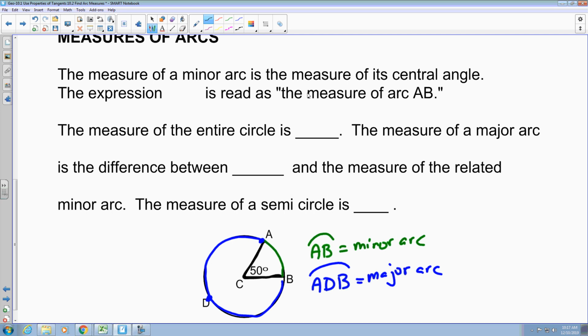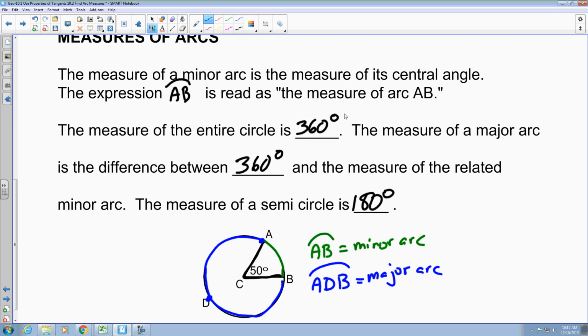The expression should be the measure of arc AB. It is read as the measure of arc AB. The measure of the entire circle in degrees is 360 degrees. The measure of a major arc is the difference between 360 degrees and the measure of the related minor arc. The measure of a semicircle is 180 degrees.